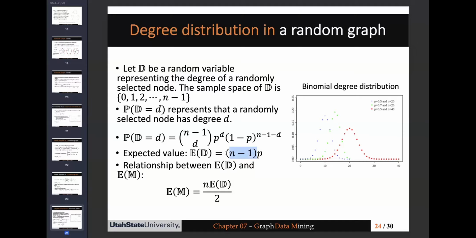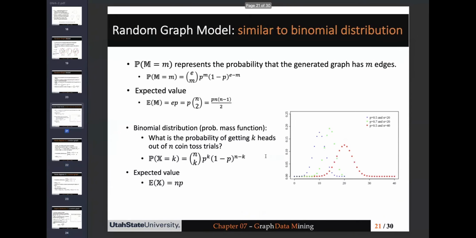Now, if you look back a few slides and try to find a connection between the expected value of M and the expected value of D, the expected value of D is n minus 1 times p over here, and the expected value of M is also in terms of p and n.